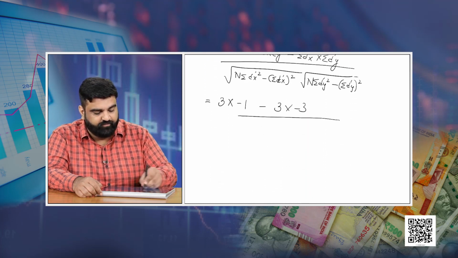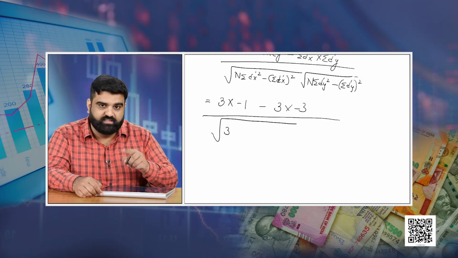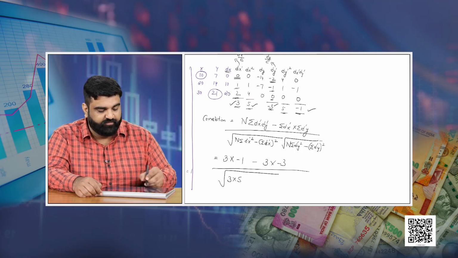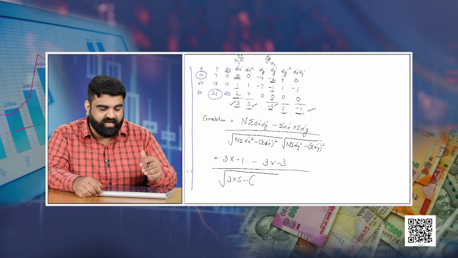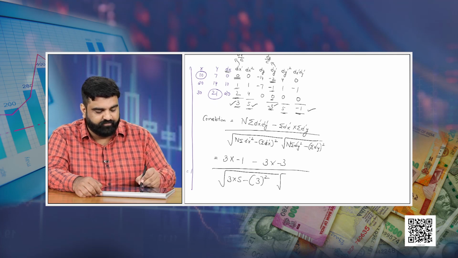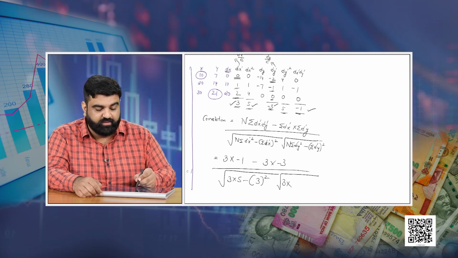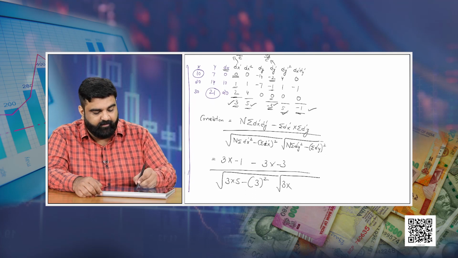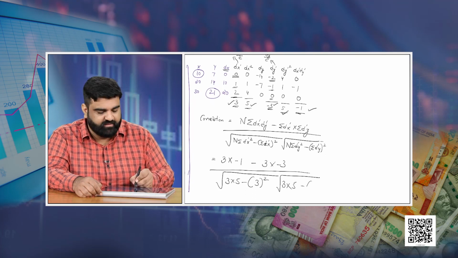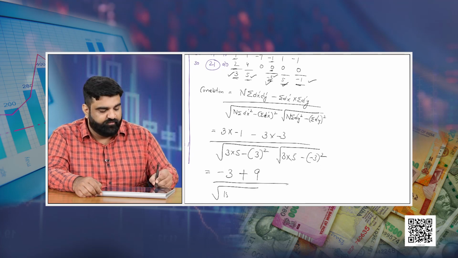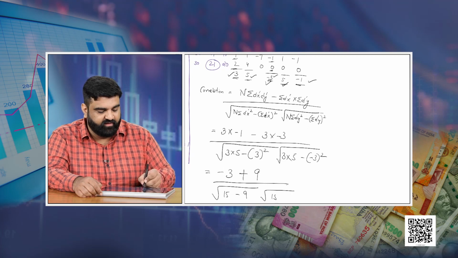Then n is 3, sigma dx dash square is 5, minus sigma dx dash the whole square, which is 3 square. Then again n is 3, sigma dy dash square is 5, minus 3 the whole square. So, let us calculate. This will be minus 3 plus 9, then 15 minus 9, and again 15 minus 9.